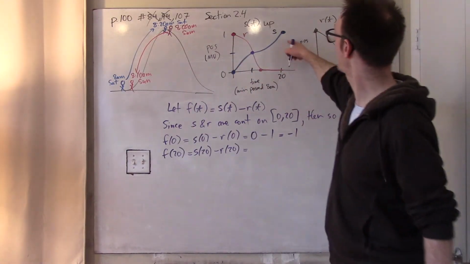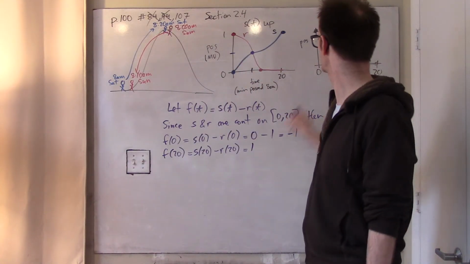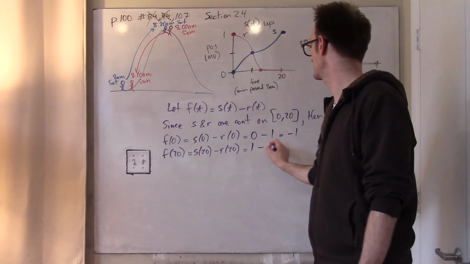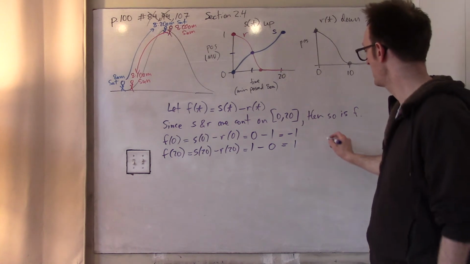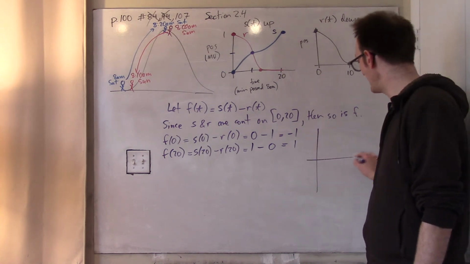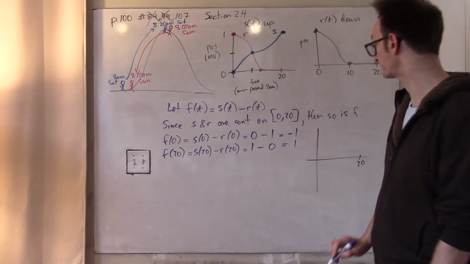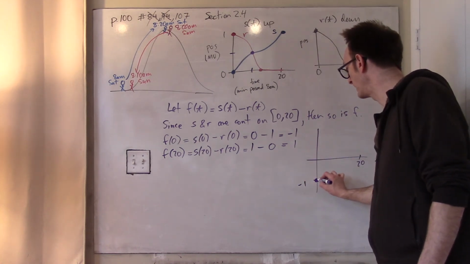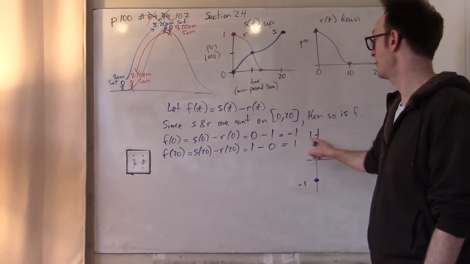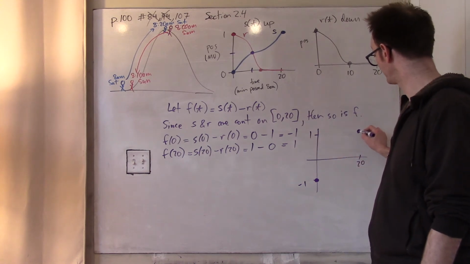What's s of 20? We're at the top of the mountain, and r of 20 is 0. And so this f function, if I were to make a picture of it, says that at time 0 I'm at -1, and at time 20 I'm at 1.